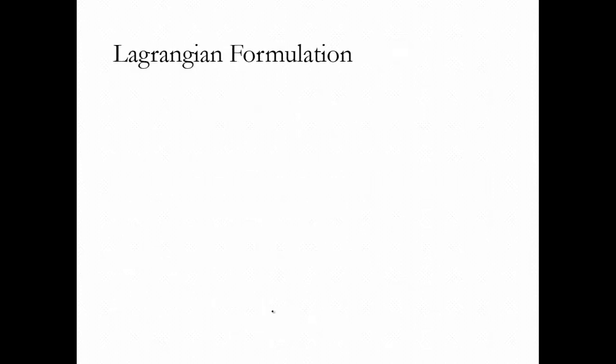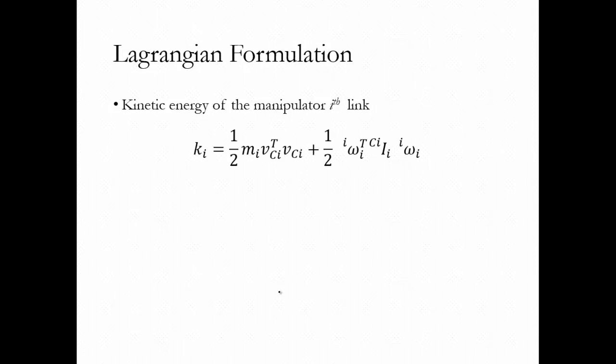Now the Lagrangian formulation is based upon the energy method. Here we define the kinetic energy of a manipulator's ith link, which has some linear velocity and also angular velocity.